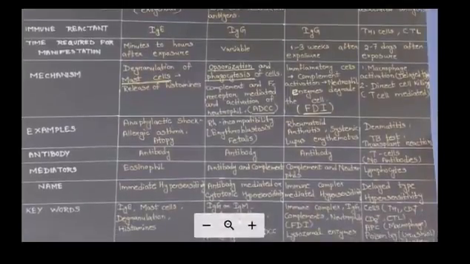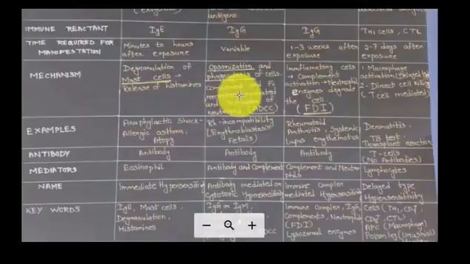Then the next point is name. What name is given to the hypersensitivity reaction? Type 1 hypersensitivity reaction is also called immediate hypersensitivity reaction, as it takes very less time to develop the response.